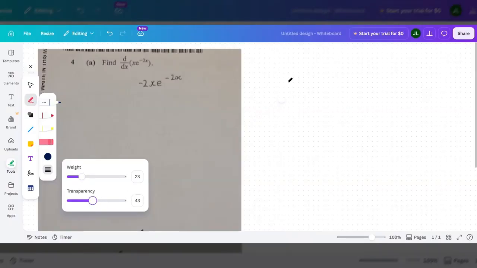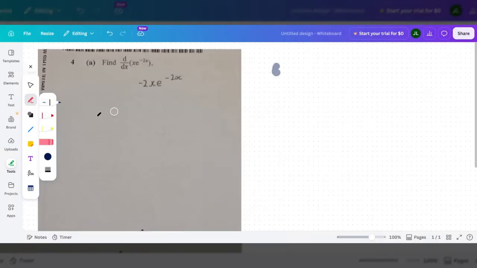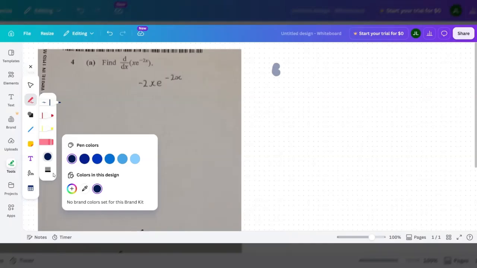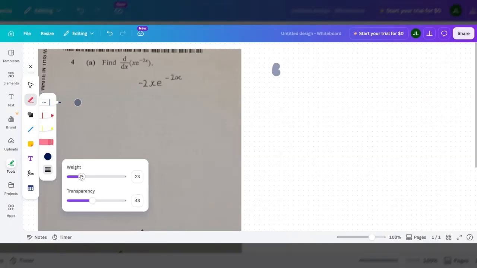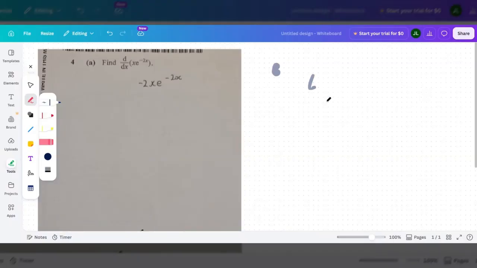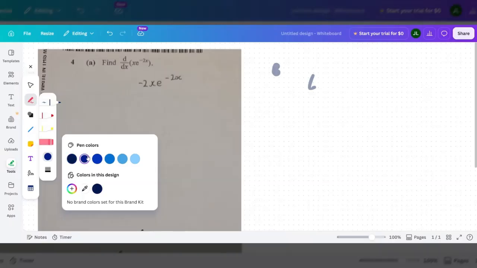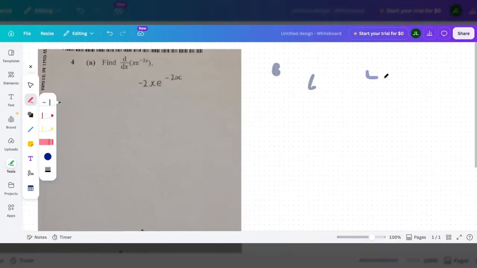It's too big, so let me do it a little bit smaller. Do bear with me. I'll start with maybe a 7. Okay, I'm good with this. Let's start again.